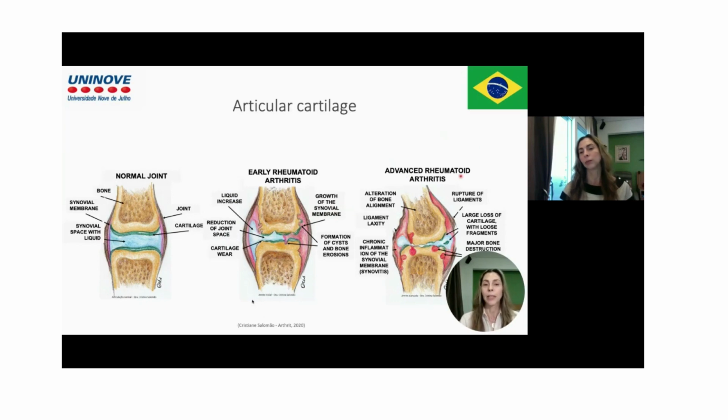In advanced rheumatoid arthritis, there is chronic inflammation of the synovial membrane, synovitis, alteration of bones, rupture of ligaments, large loss of cartilage with loose fragments, and major bone destruction.